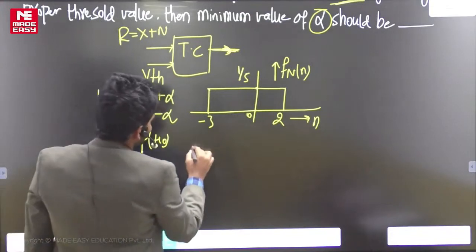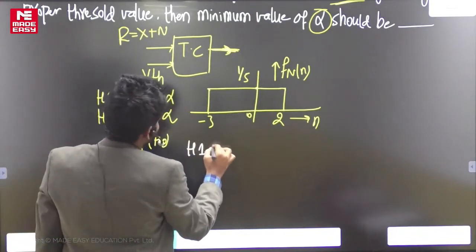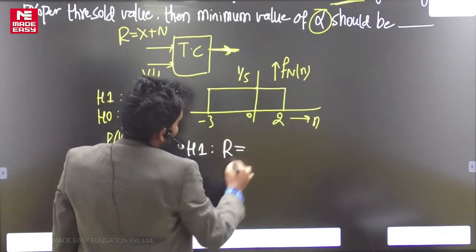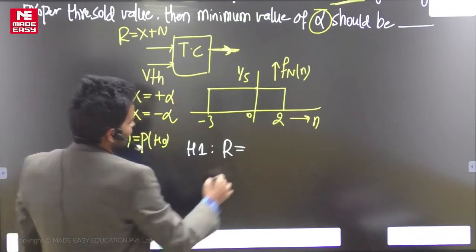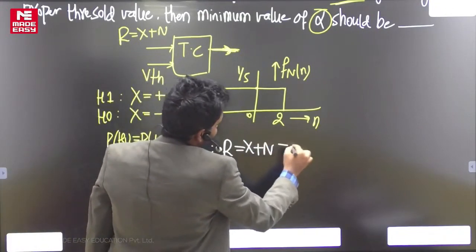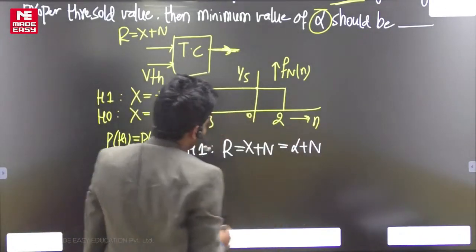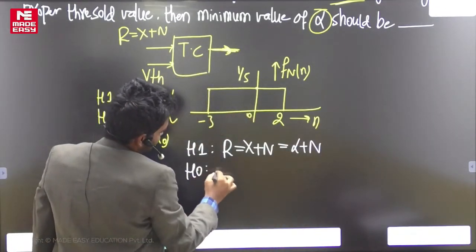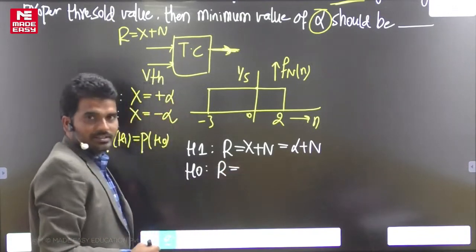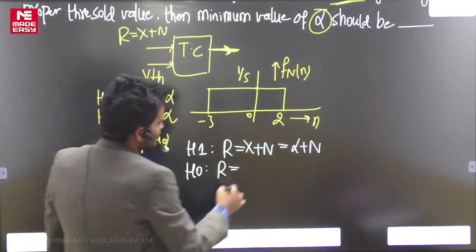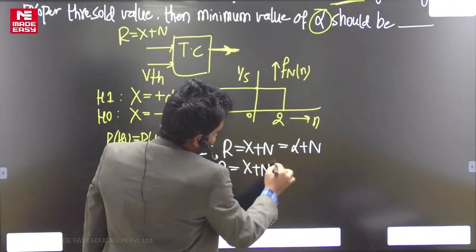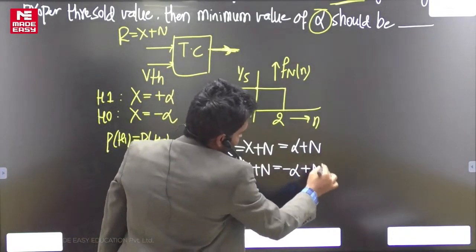In transmission of 1, R equals X plus N, where X is alpha, so R is alpha plus N. In transmission of 0, the received value R equals X plus N, where X is minus alpha.